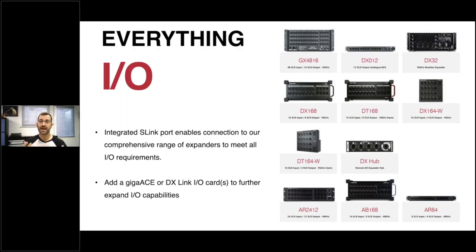So the S-Link port on the back of Avantis will automatically detect the format of the box you're connecting. So if you connect a DX box, that S-Link port will automatically switch to DX mode. If you connect an AR or an AB box, it will automatically switch to AR or D-Snake mode, if you like, and be able to talk to those boxes.